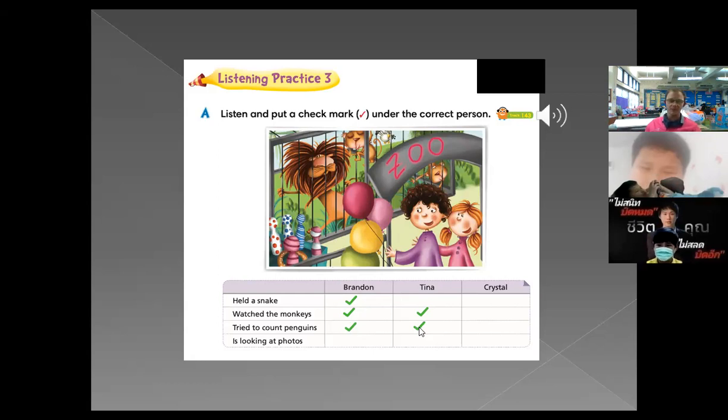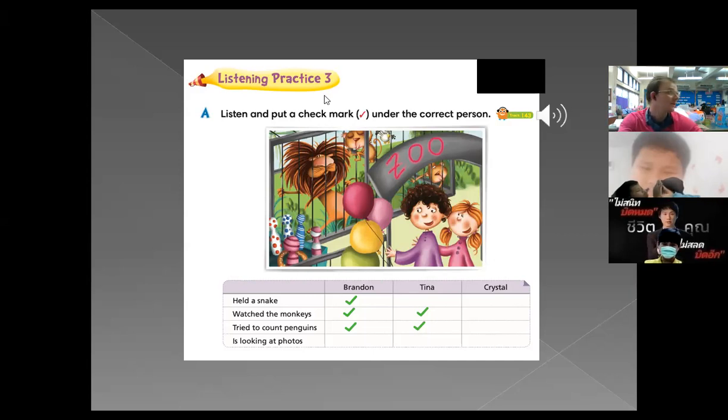And the last one, who is looking at photos? Who is looking at photos? Crystal or Tina, I think.